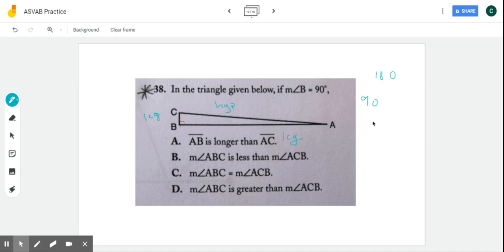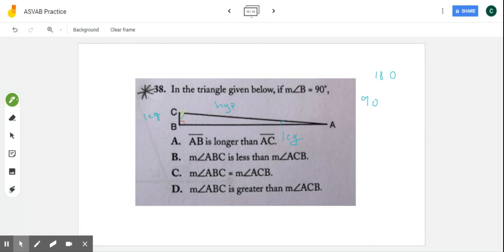So in that case, these two angles here, angle A and angle C, those two have to add up to equal 90. So this angle plus this angle equals 90, plus this, we know this is 90, for a total of 180 degrees. So these two angles inherently in a right triangle are going to be less than 90 degrees.